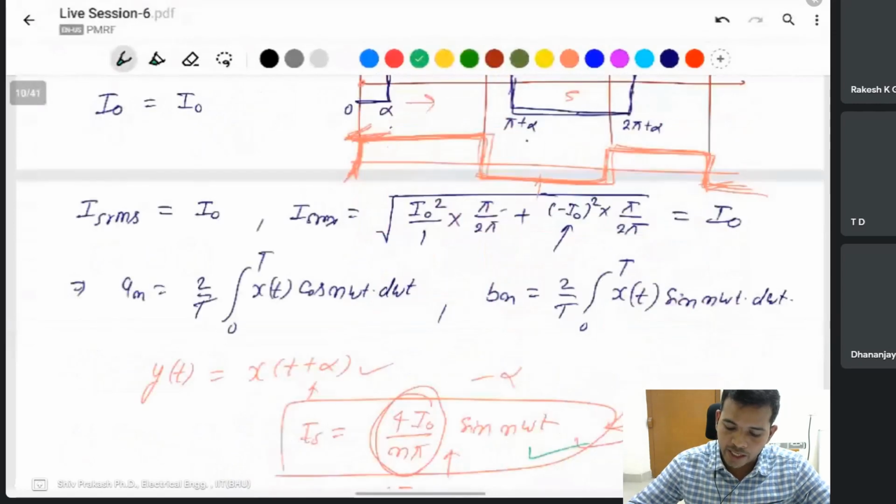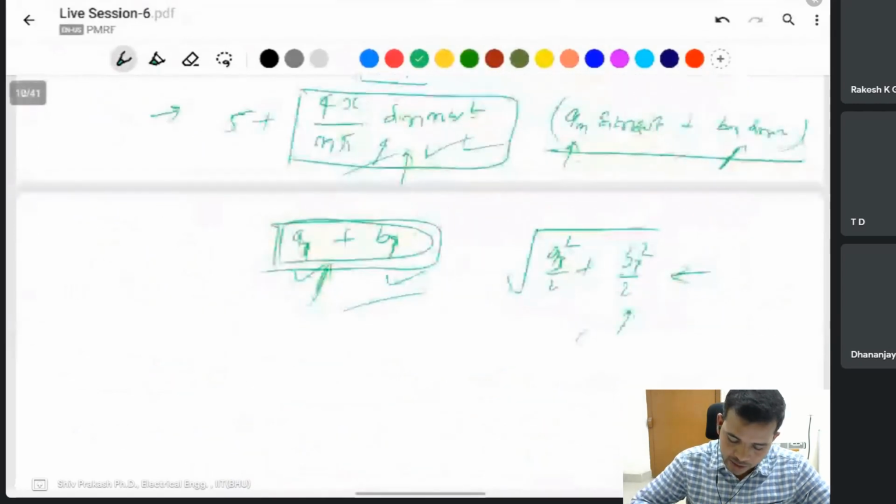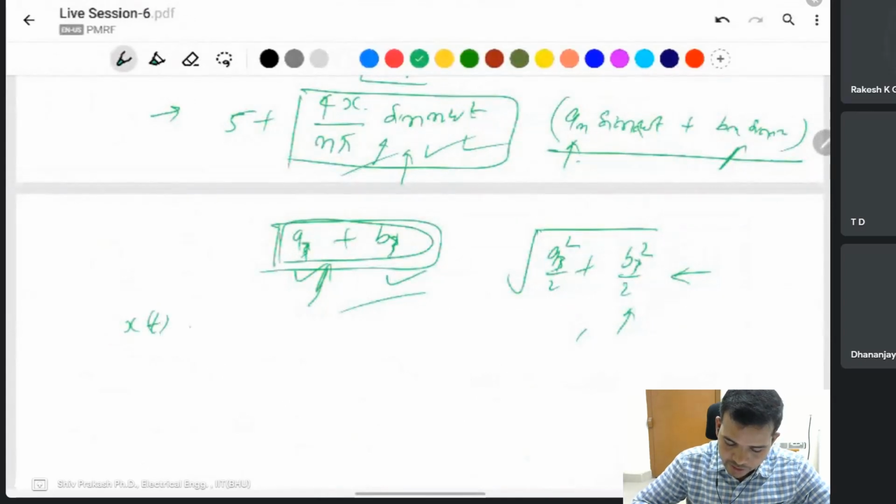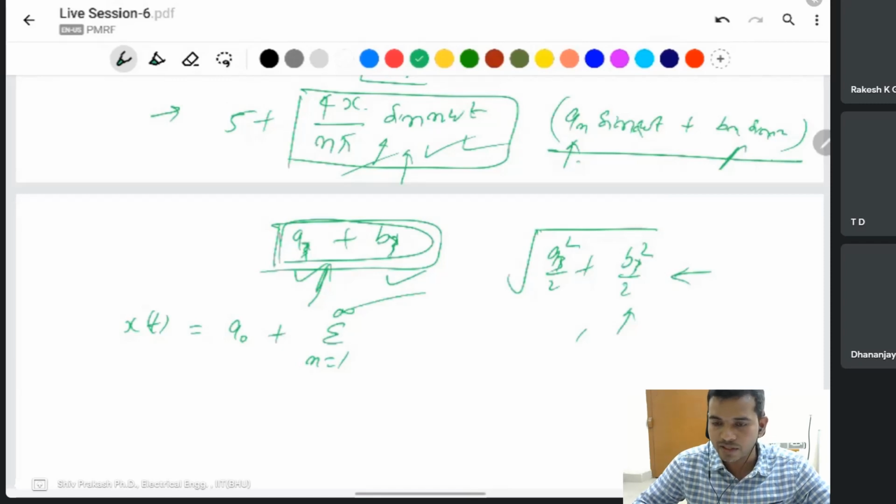You can't calculate it the other way because in Fourier analysis, the total x(t) is given as A naught plus the summation from n equal to 1 to infinity. How can you add an infinite number of terms? You can't sum them.